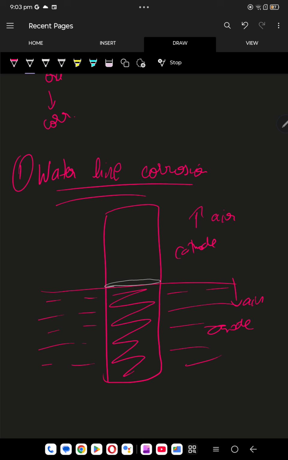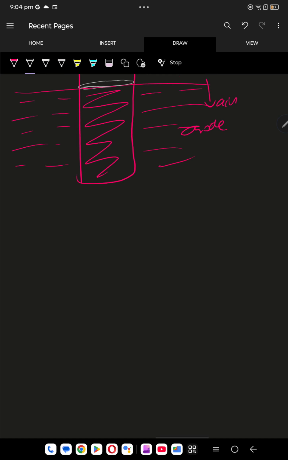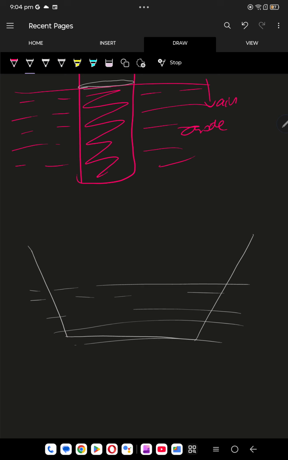So that's the concept. One line of rust forms at the junction of submerged and non-submerged metal. It shows that below this line, whatever metal remains submerged, correct, that part of the metal always underwater acts as the anode. Even in ships, if you see the pictures, this much part of the ship will be underwater, correct?